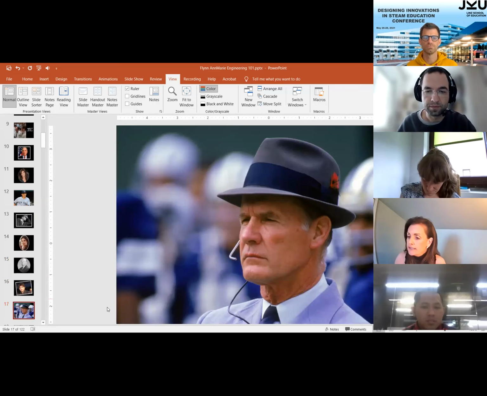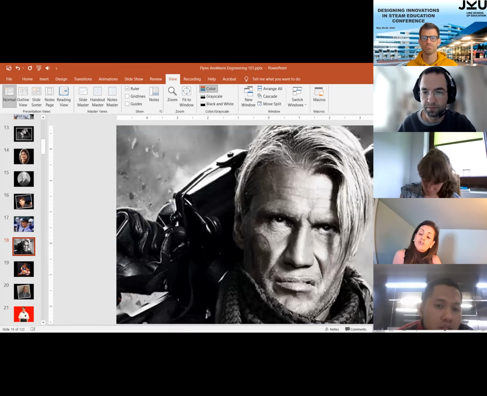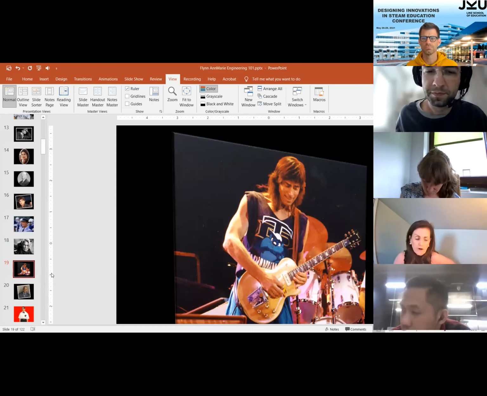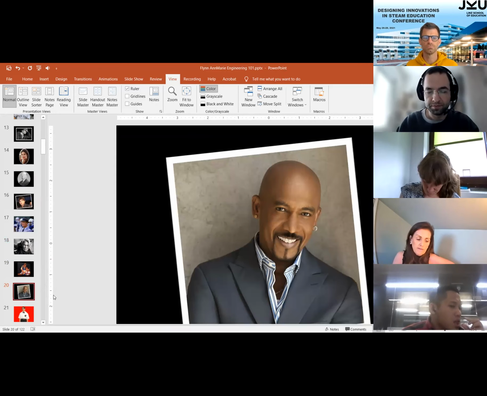Tom Landry, one of the more famous head football coaches in the United States. Dolph Lundgren actually is probably the most brilliant of all of these, who was in Rocky. Tom Scholz has a graduate degree from MIT in engineering. He was the founder of Boston, you know, More Than a Feeling, that's all. And then we have Montel Williams. He was the first African-American to graduate from the Navy.